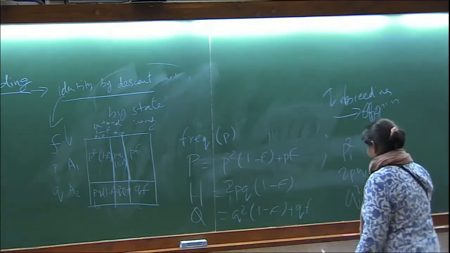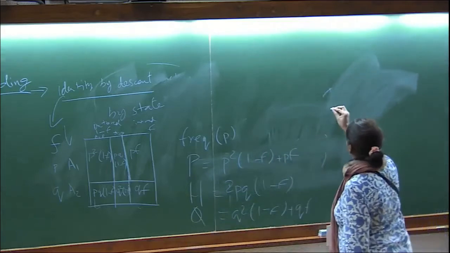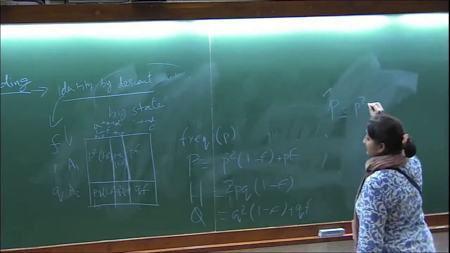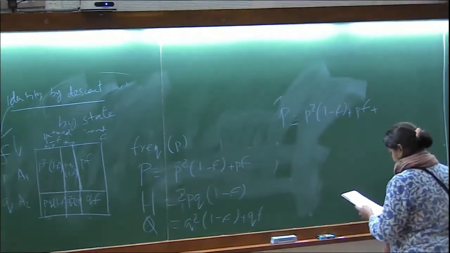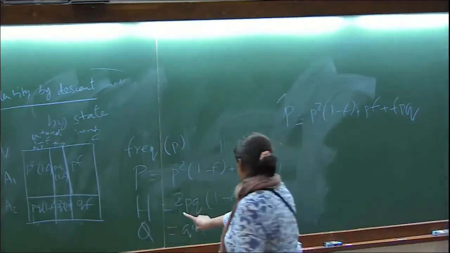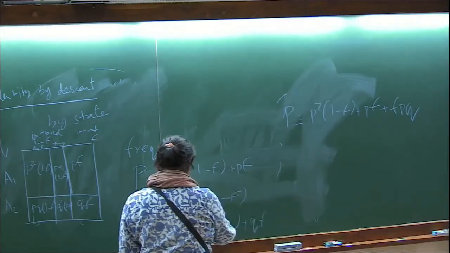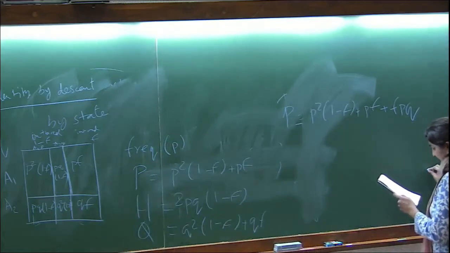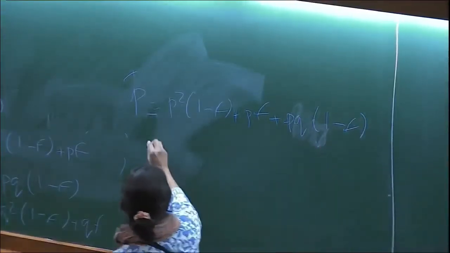Okay, but if we want to calculate p again, p square 1 minus f plus pf plus pq into 1 minus f.